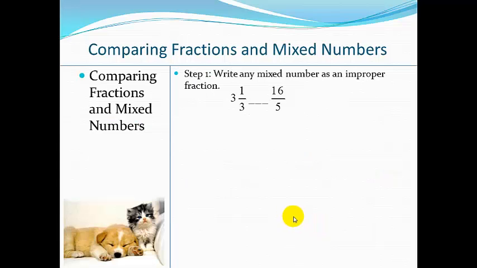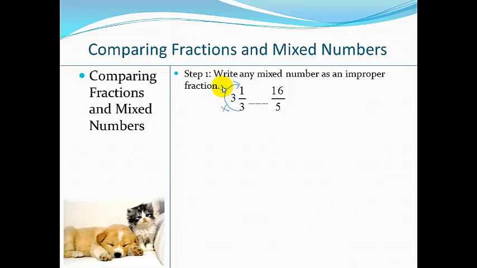So let's use this example where we have a mixed number and a fraction. One of the ways to solve this is to change any mixed number to an improper fraction. So let's look at this mixed number right here. I'm going to use my mad face and make an arrow, and then put a multiplication and addition.